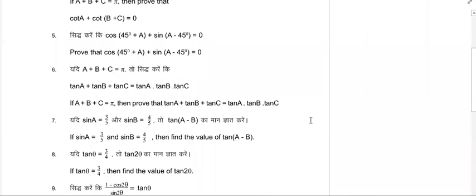So we want to prove that cos of 45 degrees plus a plus sine of a minus 45 degrees is equal to 0.